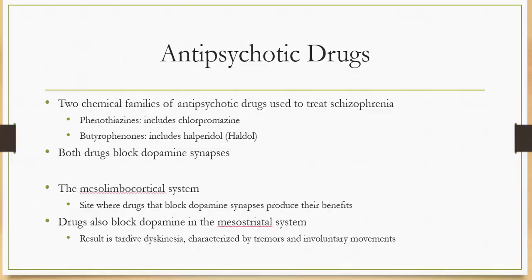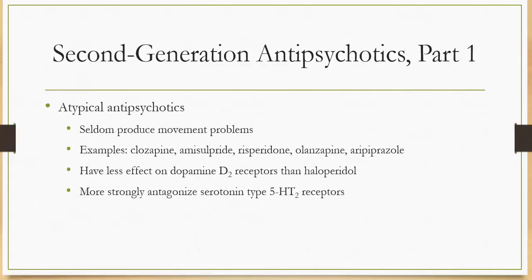Schizophrenia. So they came up with these new second generation antipsychotics, and what they do is they work more on different types of receptors, so they have less movement problems.